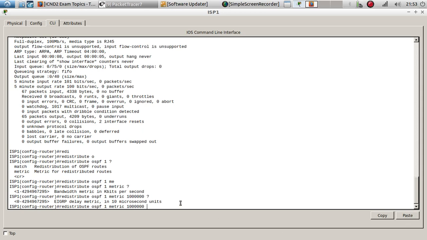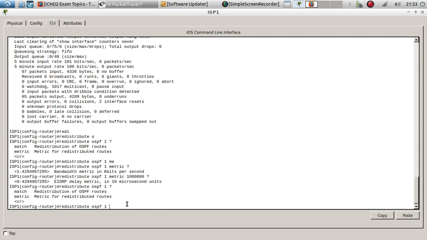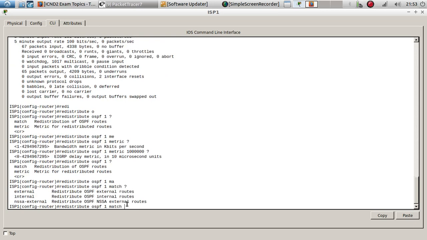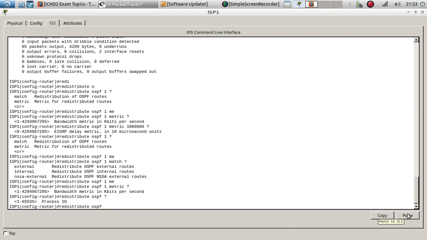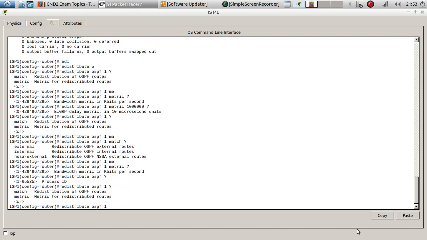The second one is going to be the EIGRP delay. So this is, let me see. This is a little bit different. It's asking us for metric, okay, bandwidth. Let me take a look at something first. So process ID 1 on metric, the bandwidth is this.